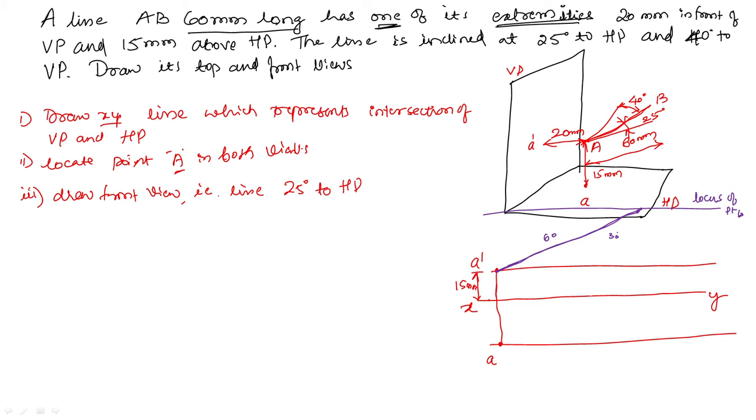That means when the line becomes parallel to VP, you are going to get its top view in HP as a straight line.